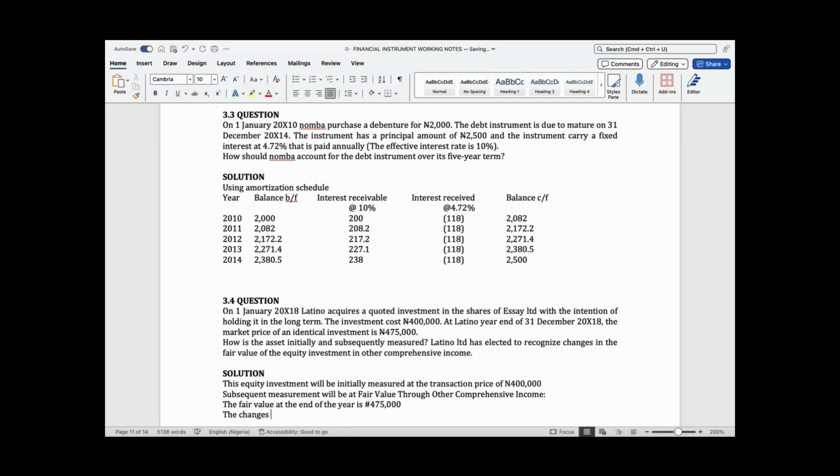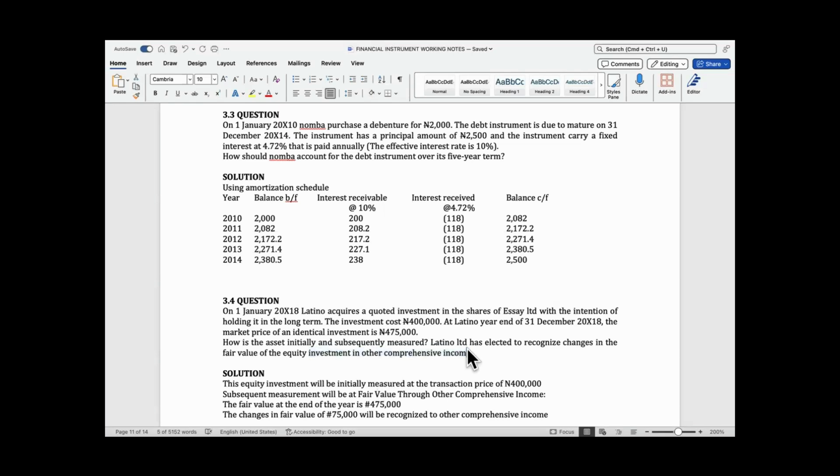The change in fair value of 75,000 will be recognized where? Other comprehensive income. Because they already told us that this guy will measure this at fair value through OCI.